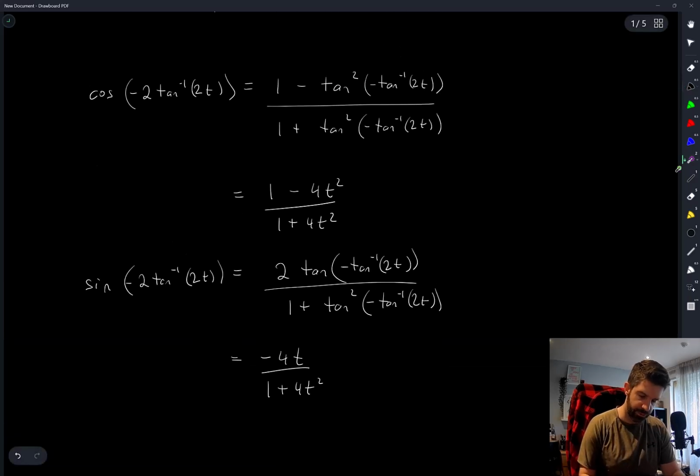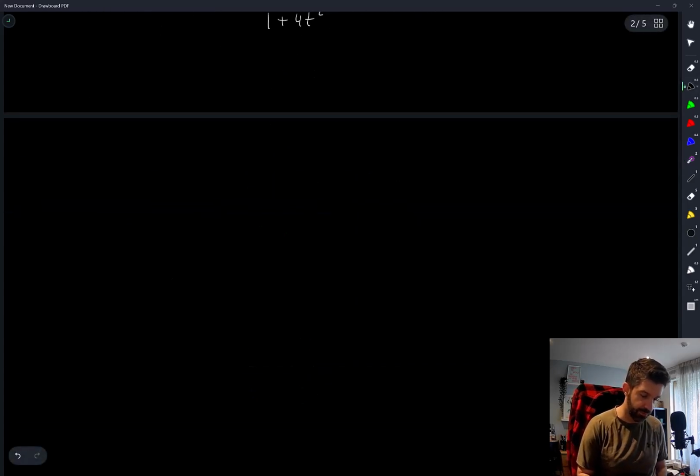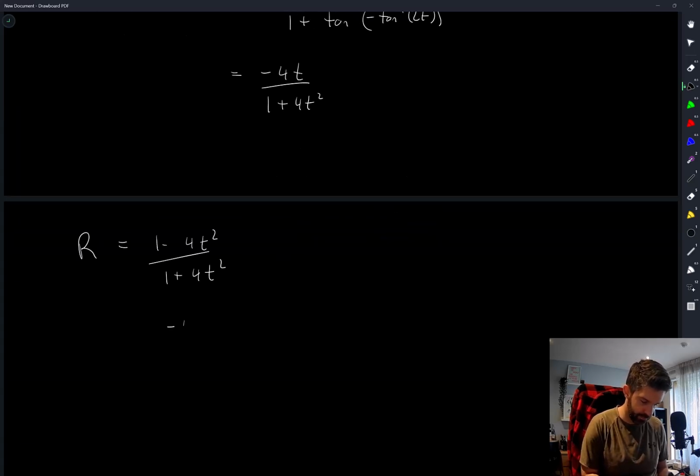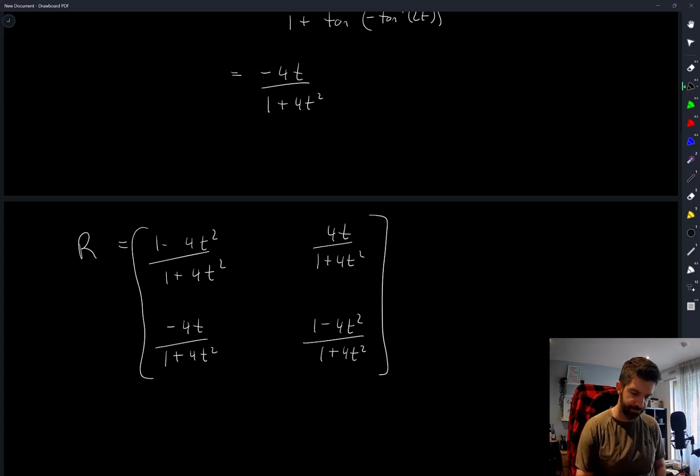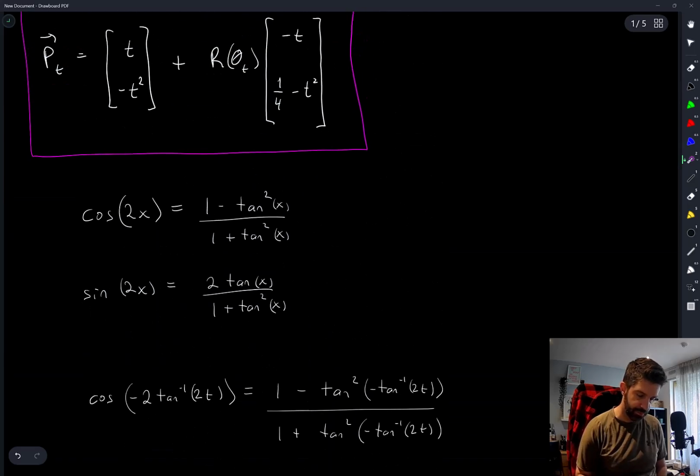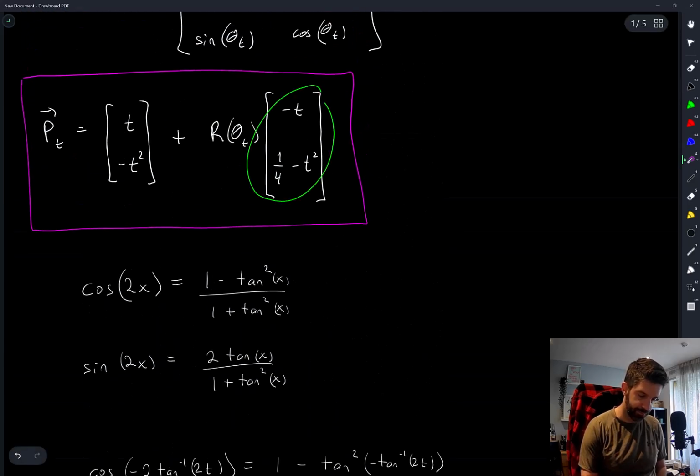So there are the two trig ratios which appear all over the rotation matrix, so we can compute the full rotation matrix now. Okay, and this rotation matrix has to be applied to this vector. So let's go ahead and work that out.